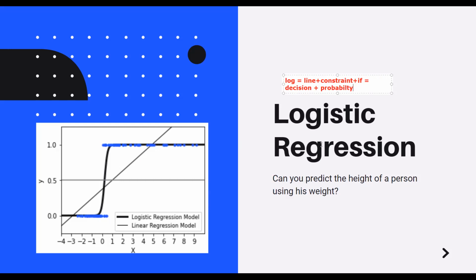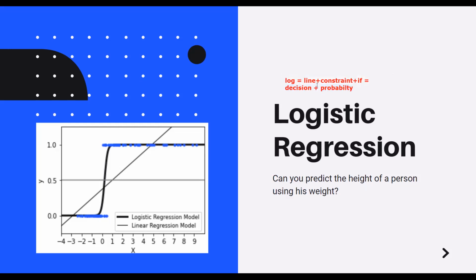So again, this is how we created logistic regression. We took linear regression, we forced it to become between 0 and 1. We added a small if statement on top of that, and that gave us the decision or the classification, plus a very important concept, which is the probability.